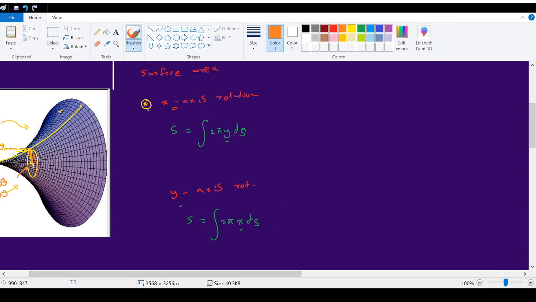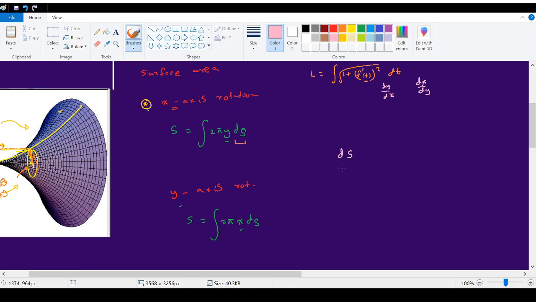And this ds term is also a special term. Remember, in the previous video we did the formula for arc length, which is this one. And remember, for this f prime t, there were two options: one is dy by dx and the other one is dx by dy. A very similar thing is there for this term also. Now ds represents two things.